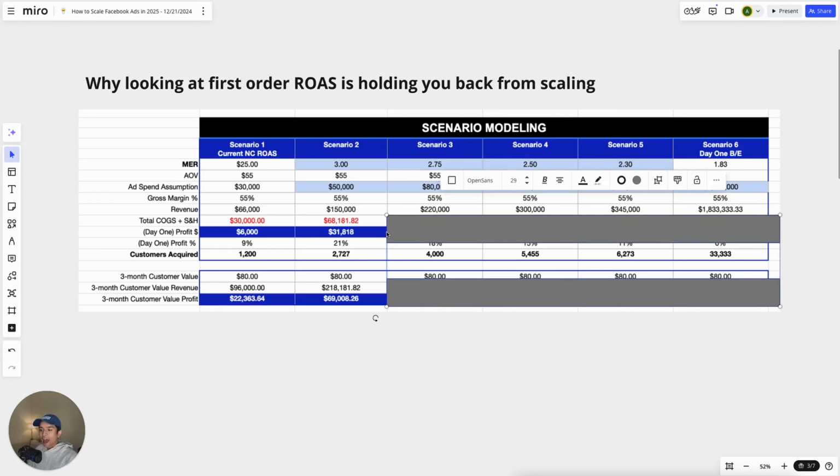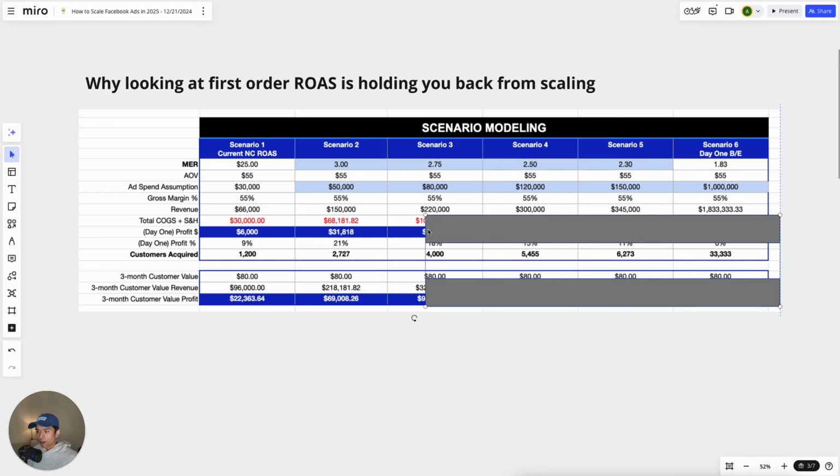So what's actually happening is, if we get rid of ROAS as the primary indication of whether or not scale is being effective, and we know that volume of profit is the main indicator, then what you need to be looking at is how much volume of profit this incremental ad spend is generating.